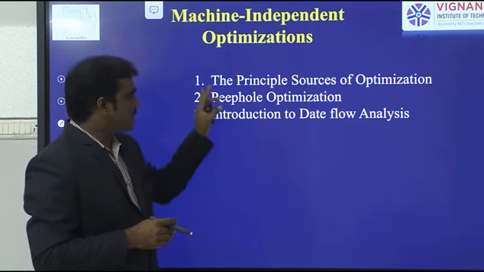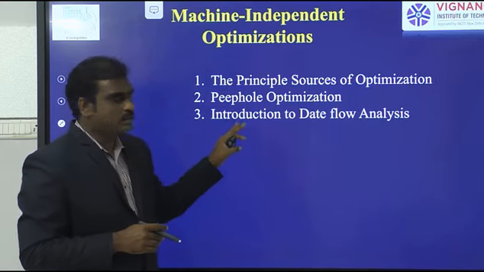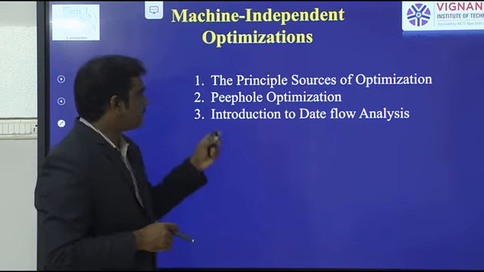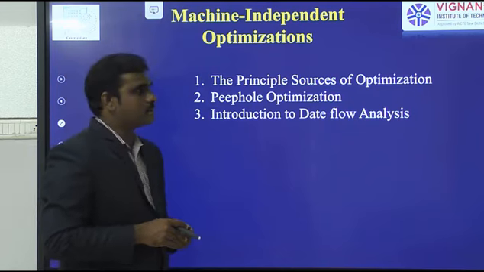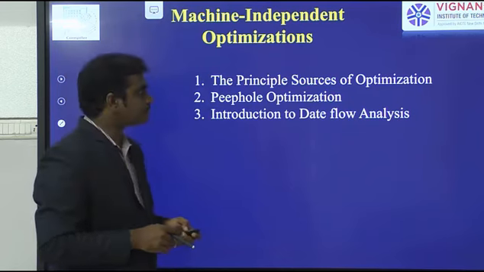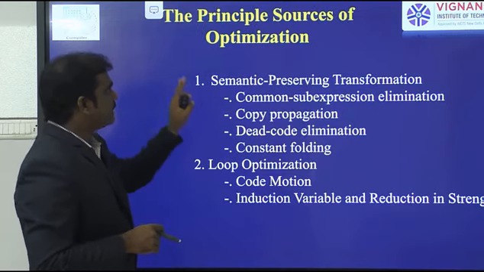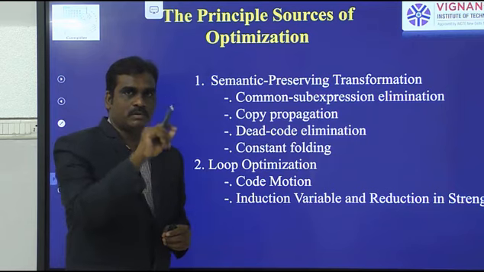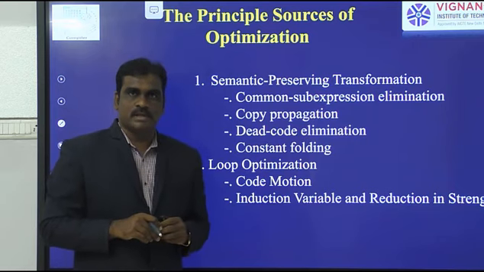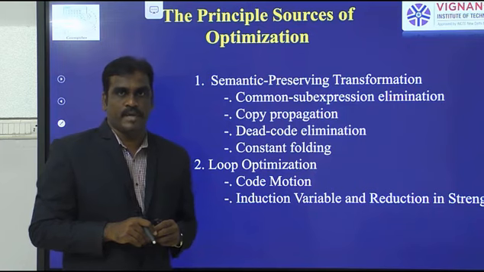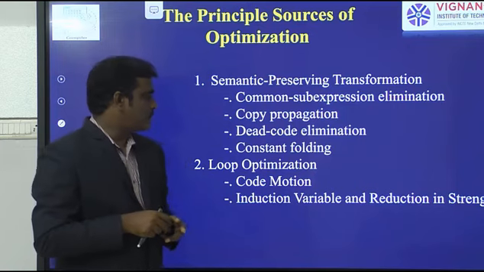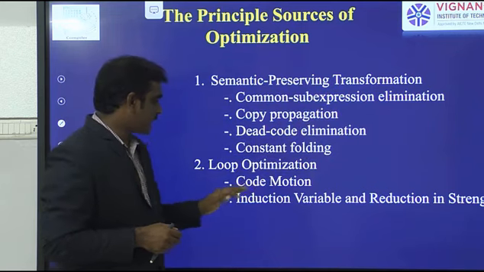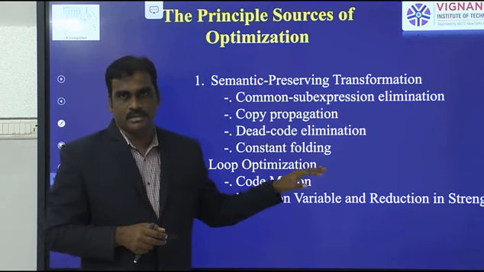Out of these 3 topics, the first one is very important, the principal sources of optimization. They may ask directly to explain about the principal sources of optimization. At that time, you have to write 2 points: one is semantic preserving transformation and the second point is loop optimization.